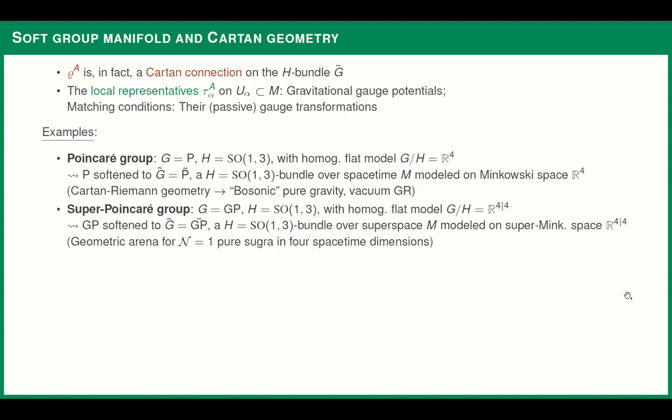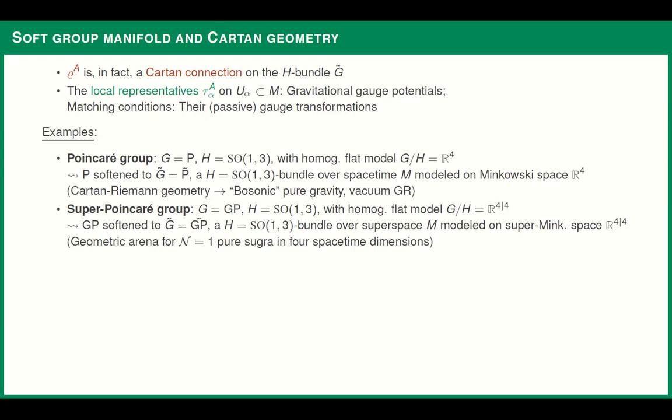So these are just examples for gravity. We can take the Poincare group as G. Then we have that H is SO(1,3), so the Lorentz group, as I mentioned. So this is the corresponding homogeneous flat model. It is R^4, the Gaussian space.